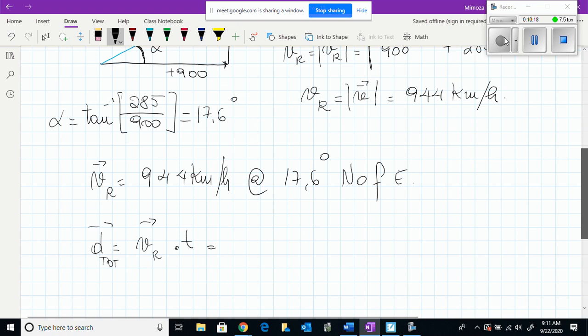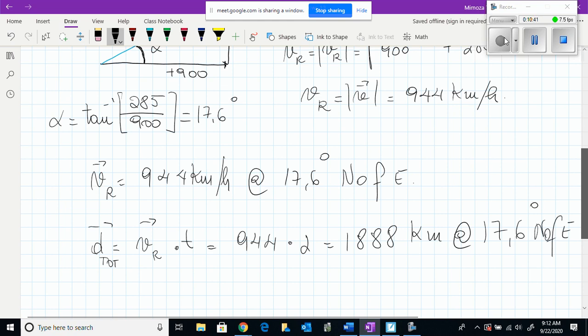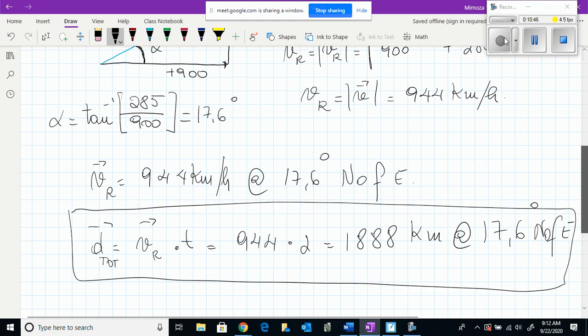Suppose that it's 2 hours, so 944 times 2 will be 1,888 kilometers at 17.6 degrees north of east. And this will be the total displacement of the plane if everything stays the same for the 2 hours given.